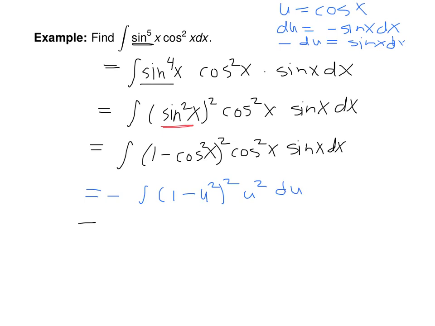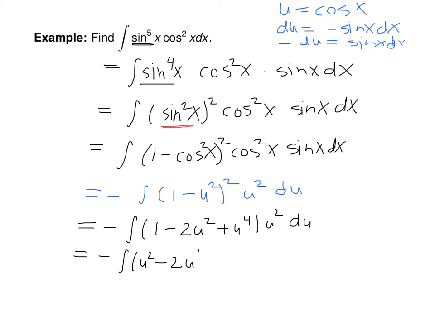And now we have to expand that, so that would be 1 minus 2u squared plus u to the 4th, times u squared du, or negative the integral of u squared minus 2u to the 4th plus u to the 6th du.